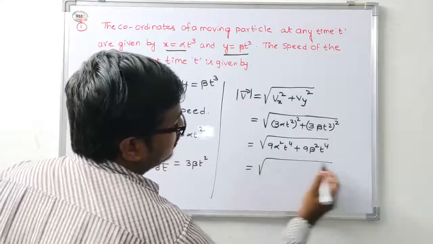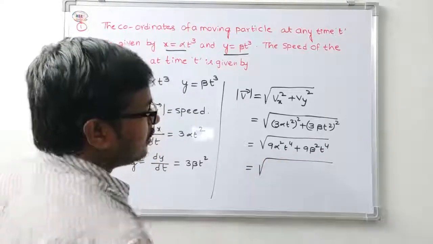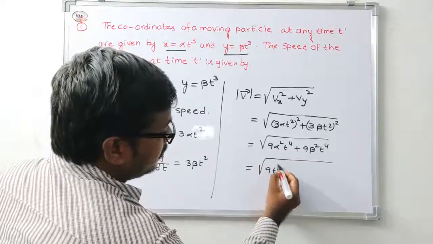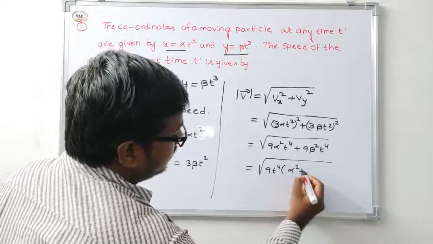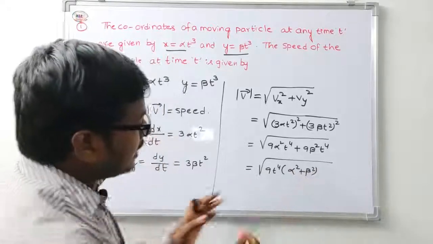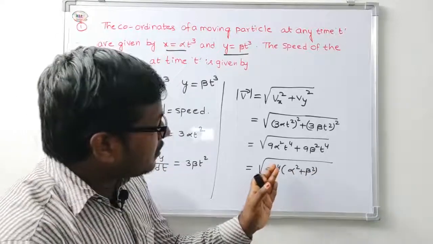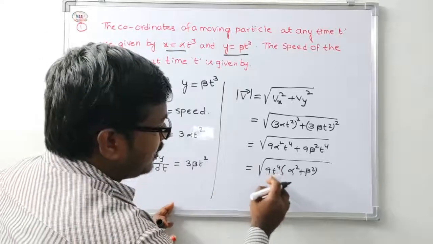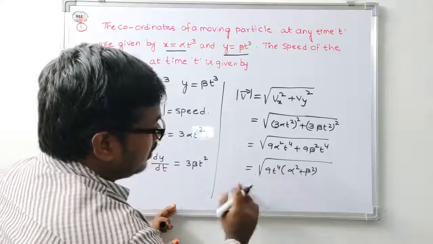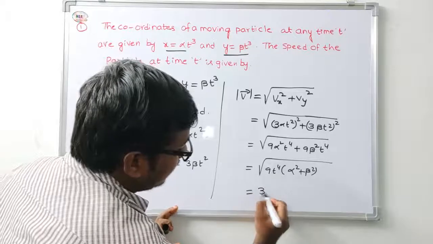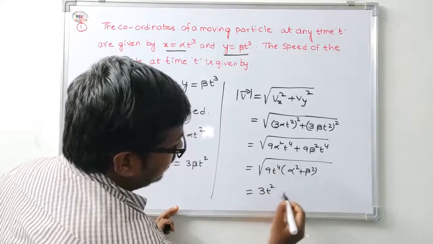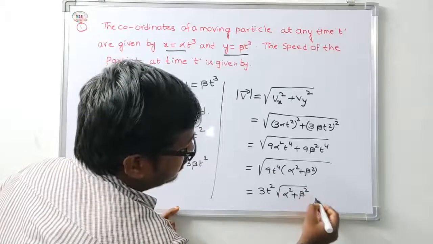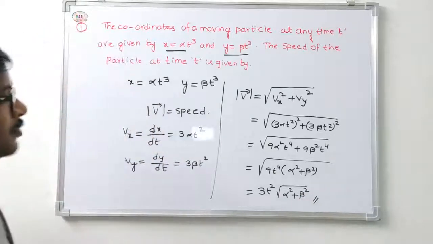Here 9 t power 4 is common, so 9 t power 4 times (alpha square plus beta square) under the root. 9 t power 4 comes out of the root as 3 t square, so the answer is 3 t square times the square root of alpha square plus beta square. This is the problem.